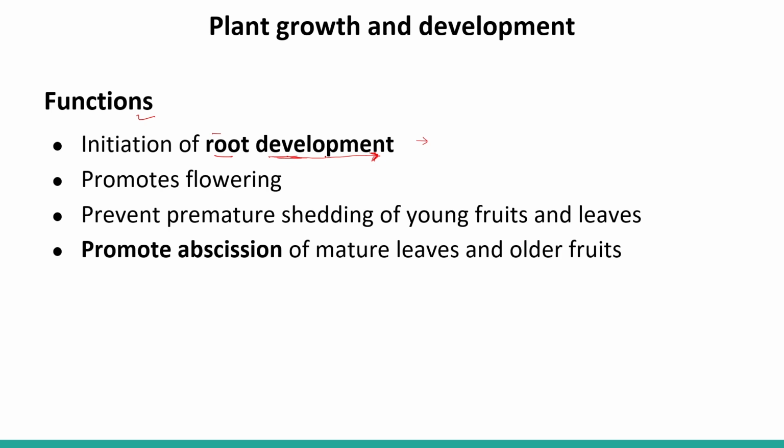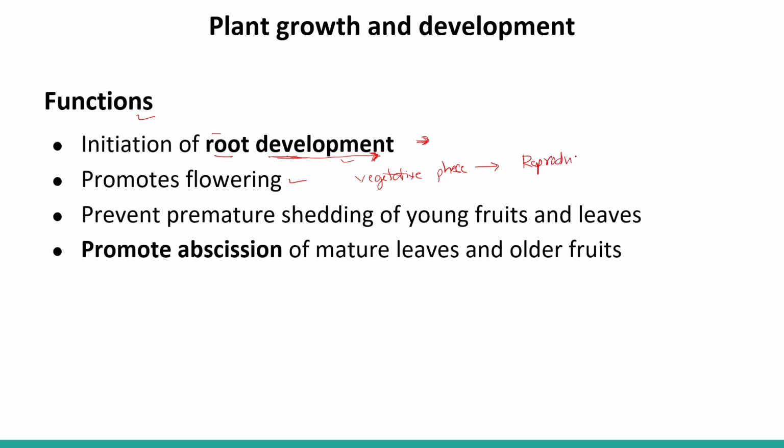Actually, a ratio of auxin to cytokinin is required, but auxin is more important for root development. Another function is that it promotes flowering. Initially the plant is in the vegetative phase, and auxin helps in the transition of the plant from the vegetative phase to the reproductive phase.